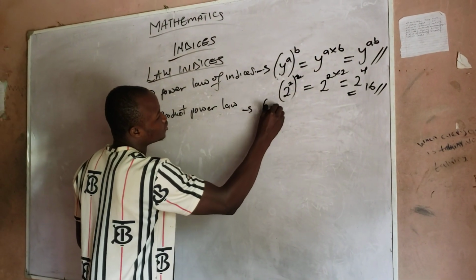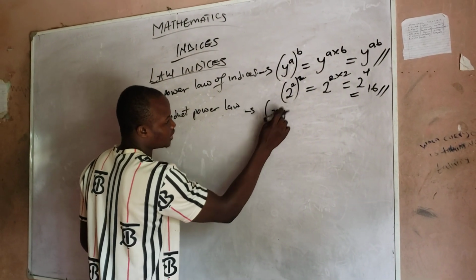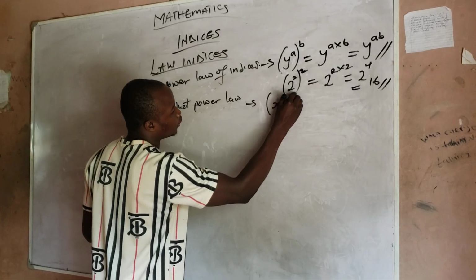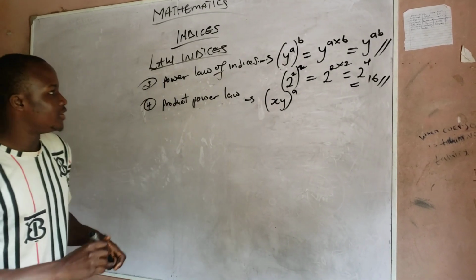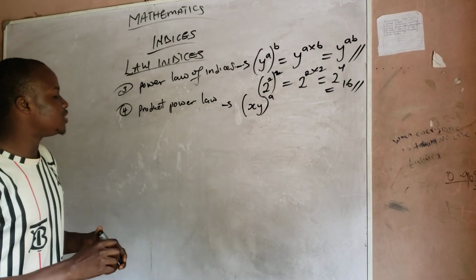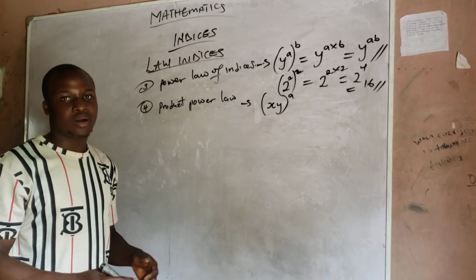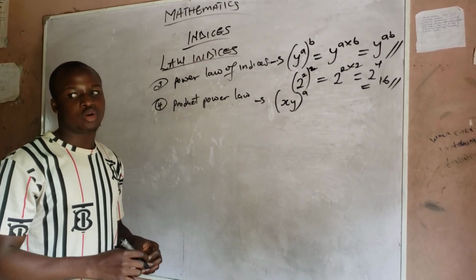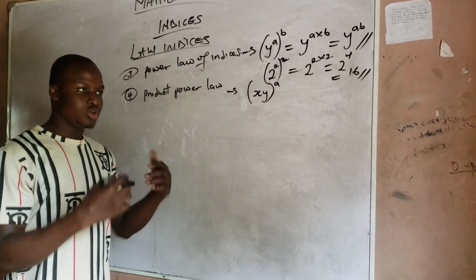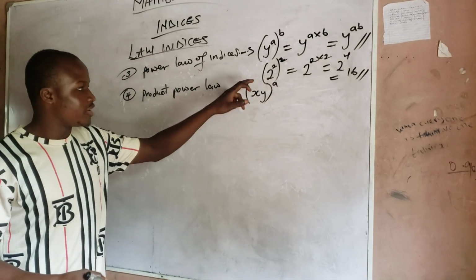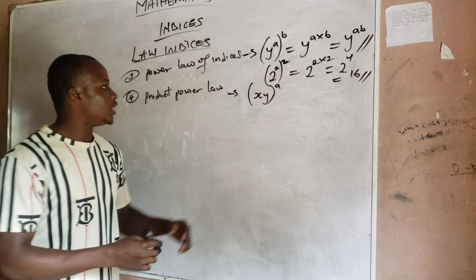But now look at this product power law. If you have xy raised to the power of a, you see now that it's not only one number that is raised to the power. It's x and y raised to that power.